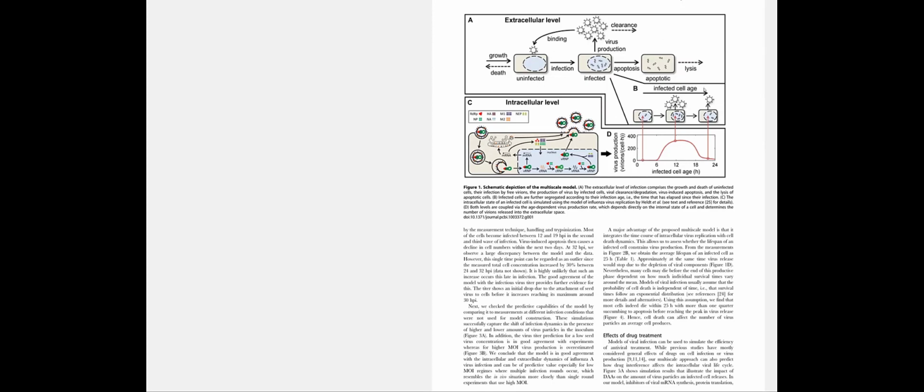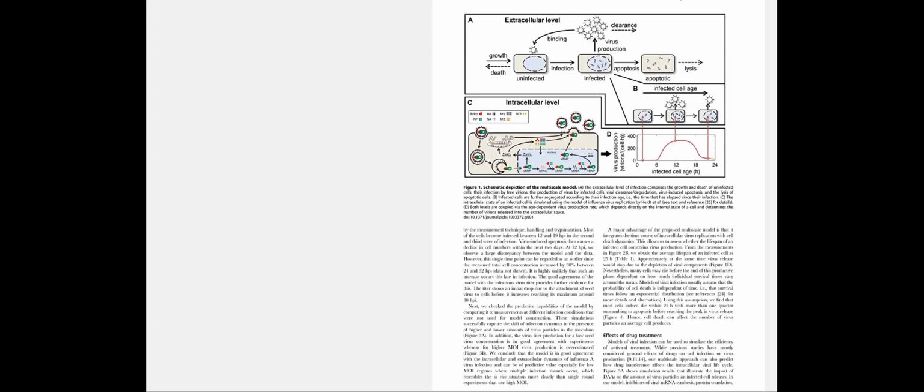This is the equivalent I showed you with the green and red and yellow cells. But then instead of just saying, okay, there is an infected cell and this infected cell produces virus, now they're saying, no, let's run an actual detailed program of what goes on inside the cell at the intracellular level. That's illustrated here.